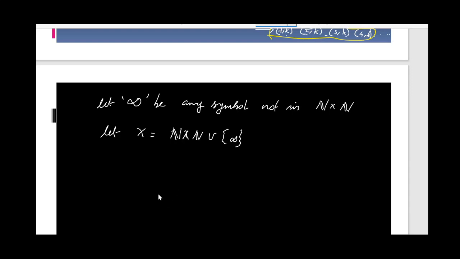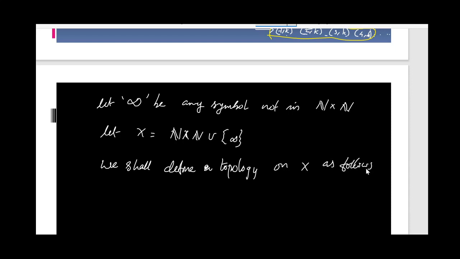Now we shall define a topology on X, which is N cross N union closed alpha, as follows.